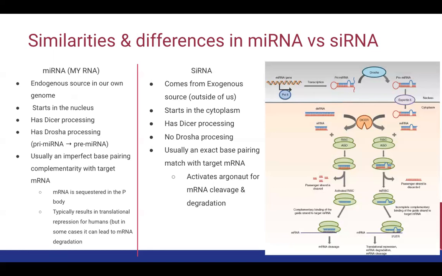But in cases where it's a perfect base pair match, then it can also lead to direct mRNA degradation. Whereas with siRNA, it has to be a specific mRNA. And in both, it can target multiple different mRNA strands. It's just that in miRNA, it can target a larger variety, because it can not only do multiple mRNAs, but also multiple varieties of mRNAs with different sequences.